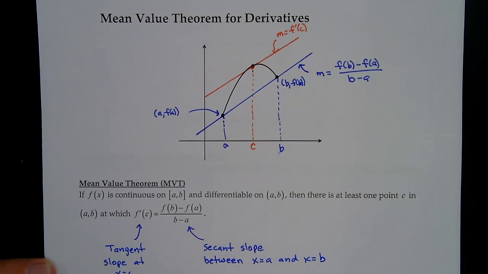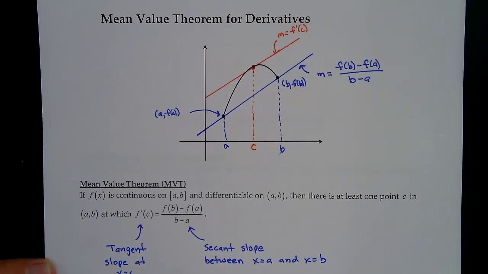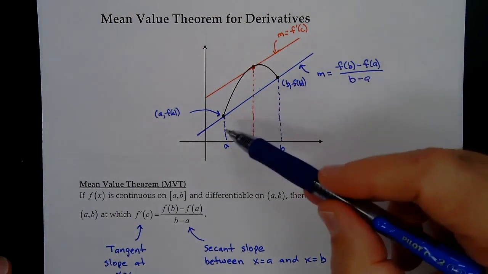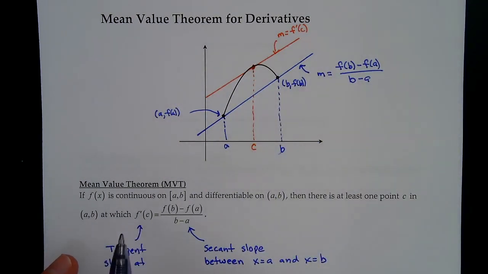This is also saying the instantaneous rate of change at x equals C has to equal the average rate of change between x equals A and x equals B. So the slope between 2 points, if it has to meet these conditions, it has to be continuous on the closed interval and differentiable on the open interval.